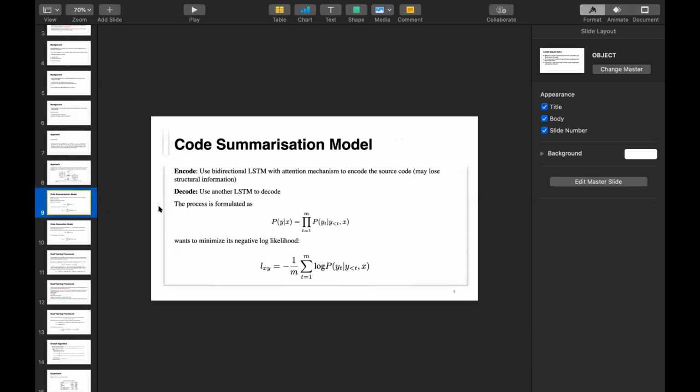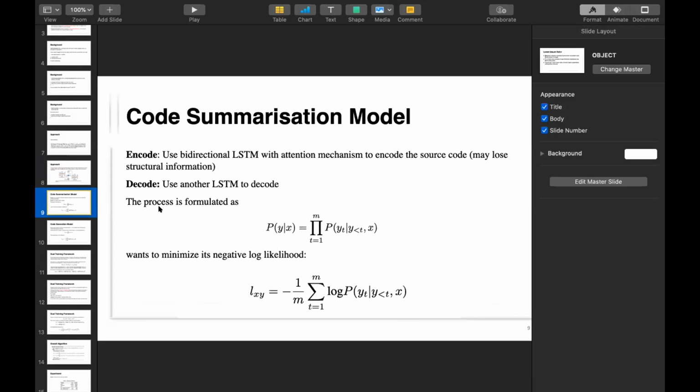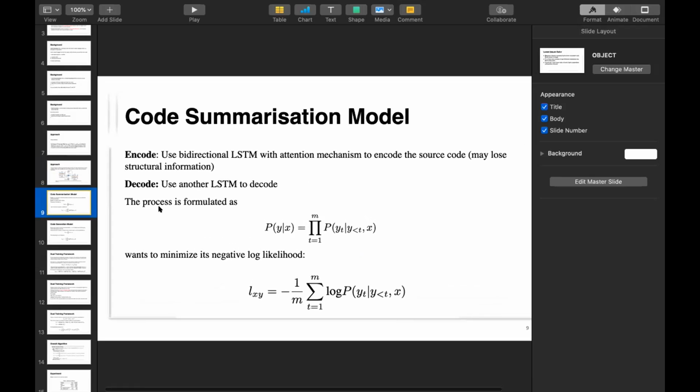So let's go into the code summarization model. This is actually a very basic model, and it's using the bidirectional LSTM with attention mechanism to encode the source code. One thing to note is that this model treats the source code the same as natural language, because it is only tokenizing the source code.